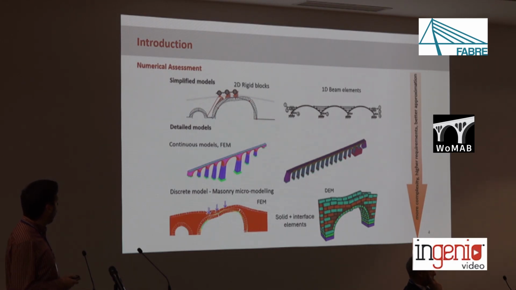When we look for more detailed models that are more complex, we can use finite element models where the masonry is used as an equivalent material, or a discrete model that could use finite element models or discrete elements. These, of course, increase complexity.